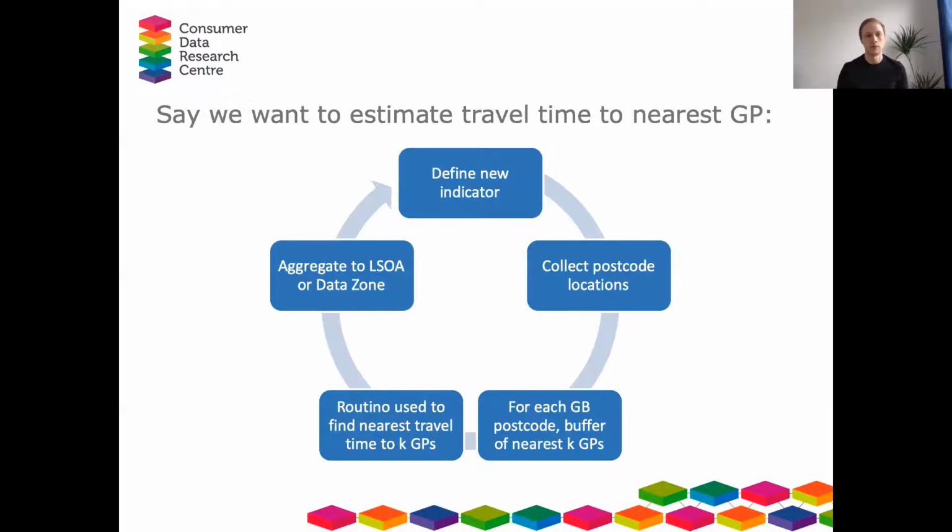In our case, we used lower super output areas for England and Wales and data zones for Scotland. They're roughly equivalent, although those data zones are slightly smaller. Essentially we just take a median value, the average, which then gives us a summary at that spatial scale. That was important because we could make the postcode information available.